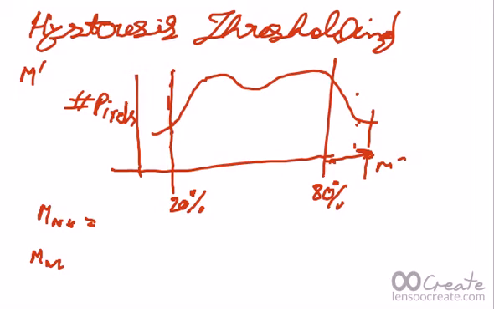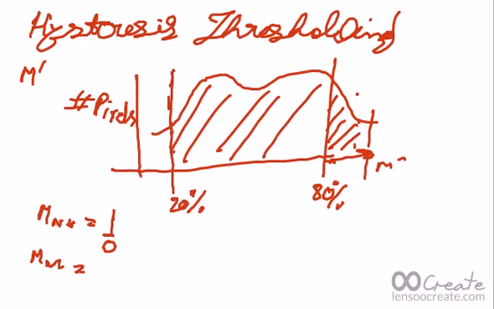For those pixels whose m value is more than this 80%, we put 1 in MNH, otherwise we put 0. For MNL, for those pixels whose value is between 80 and 20%, we put 1, and 0 otherwise.